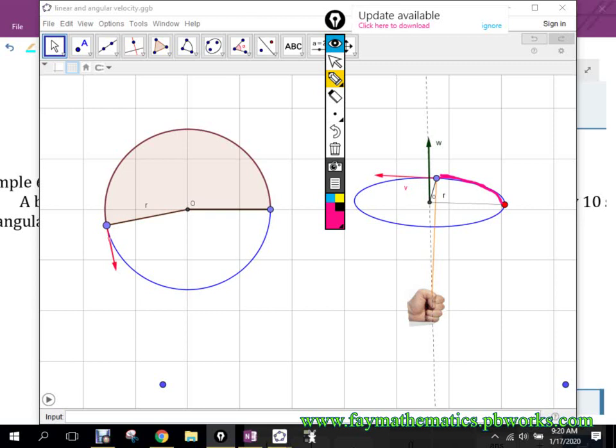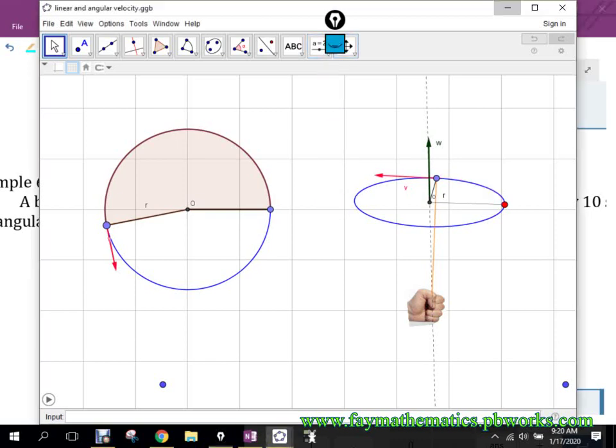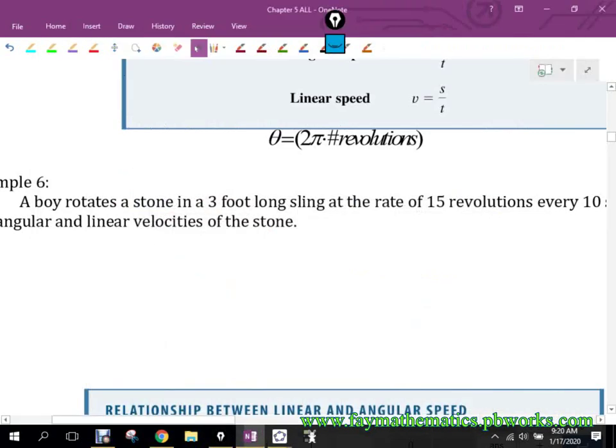Well, in circular motion, that distance traveled is the arc length. So that's why we use S. That's why we rename it that way. So our formula for linear speed is equal to S divided by T. But I want you guys to understand that is still R equals D divided by T. Okay there, everyone?